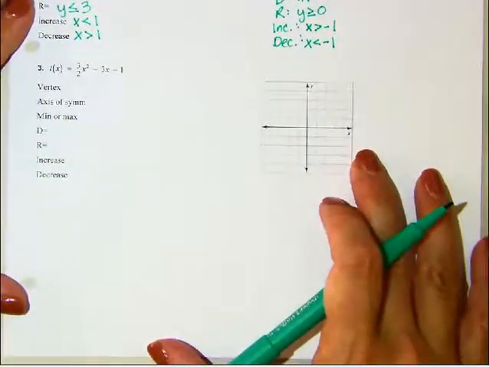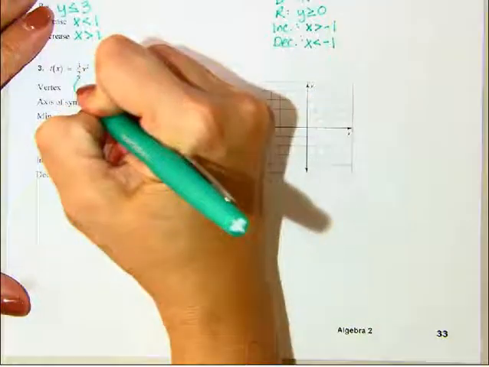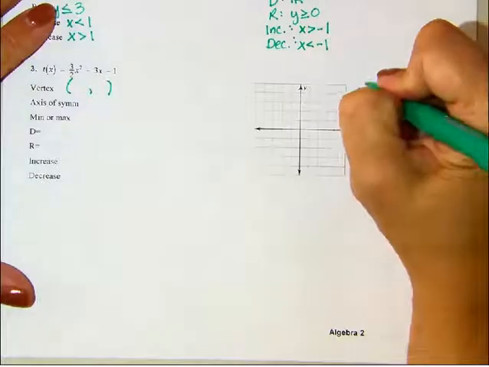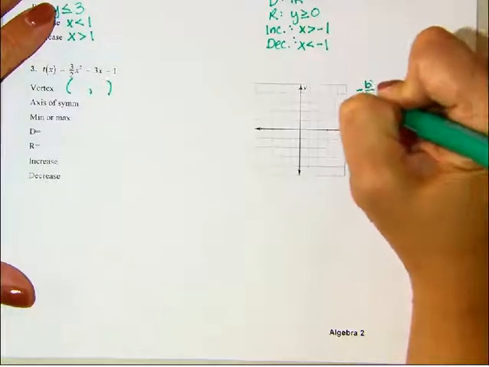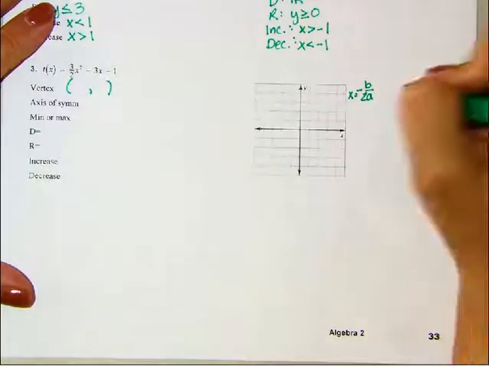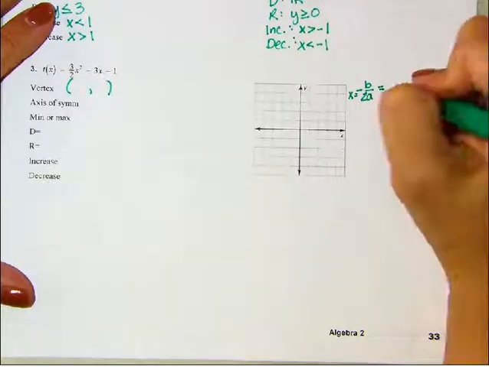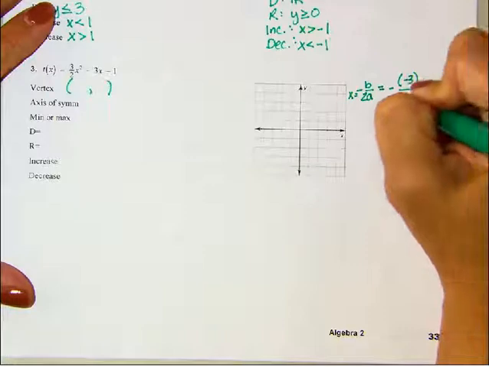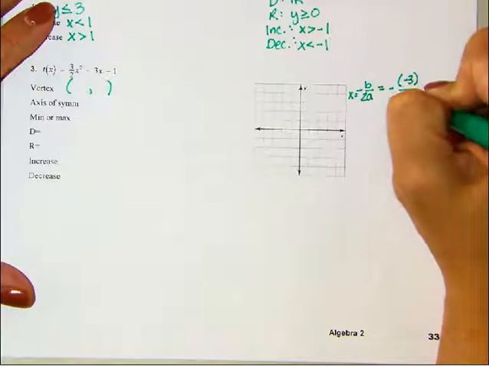All right. Now down here we have another standard form. So I'm going to need my vertex, which means I need negative b over 2a. That's how I find x. In this case, my b is negative 3, over 2 times 3 over 2.